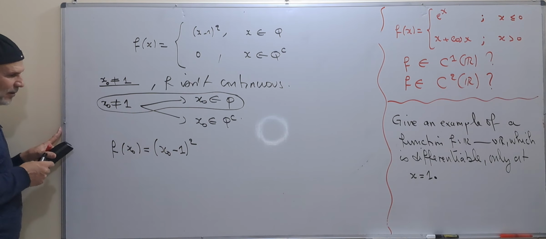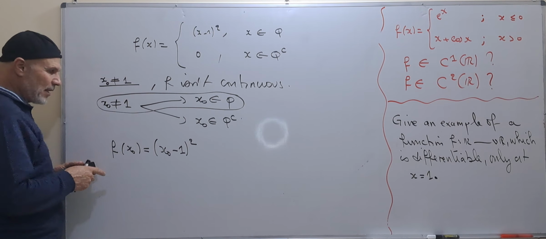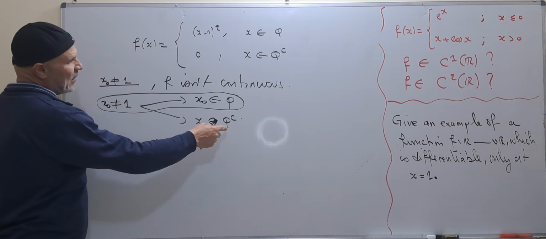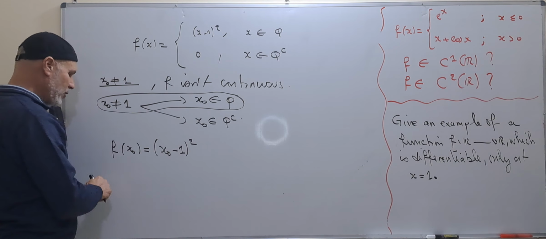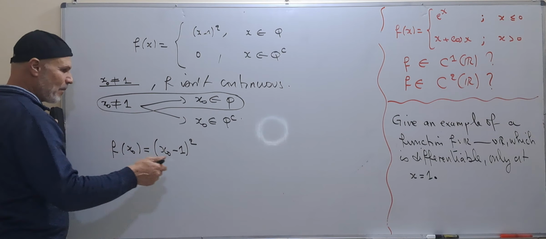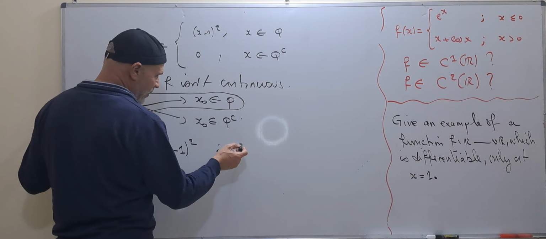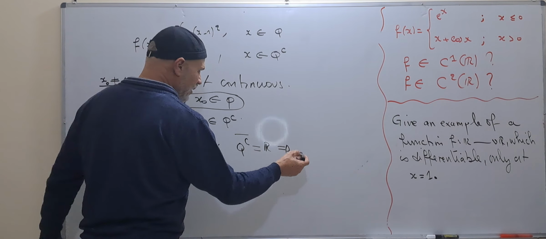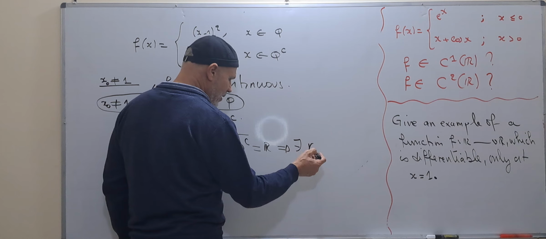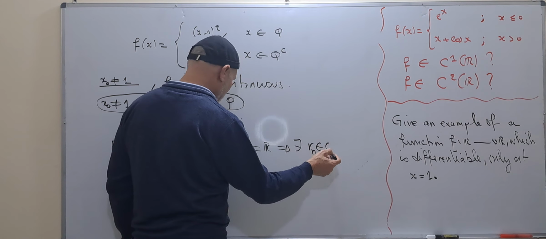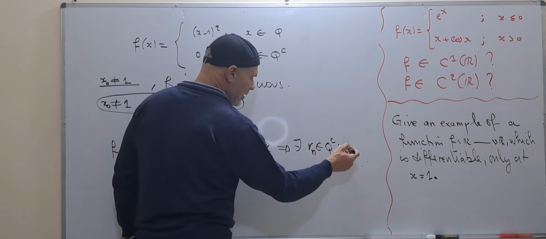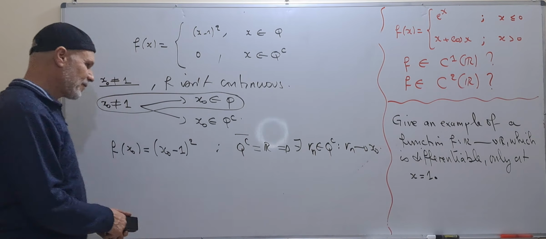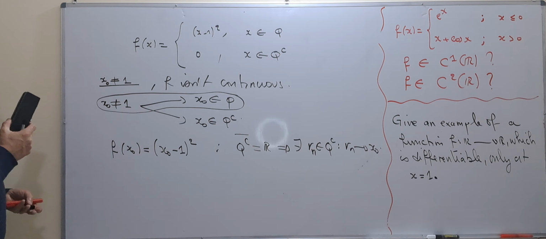Since Q complement is dense in R, for a rational number we can find a sequence from the irrational numbers that converges to x0. This implies that we can find a sequence r_n from Q complement such that r_n converges to x0 when n goes to plus infinity.